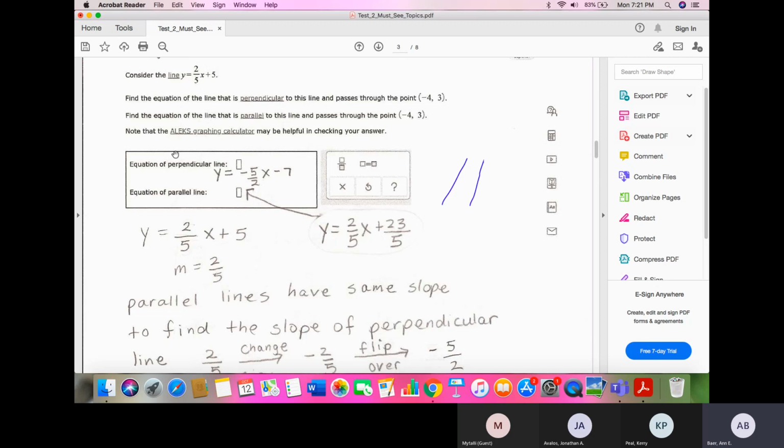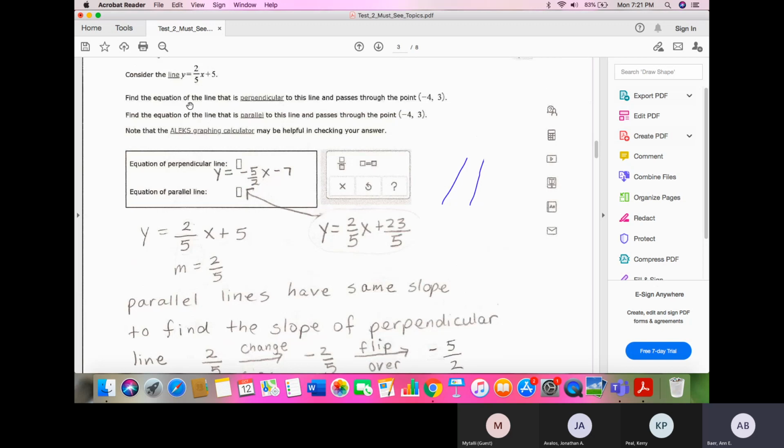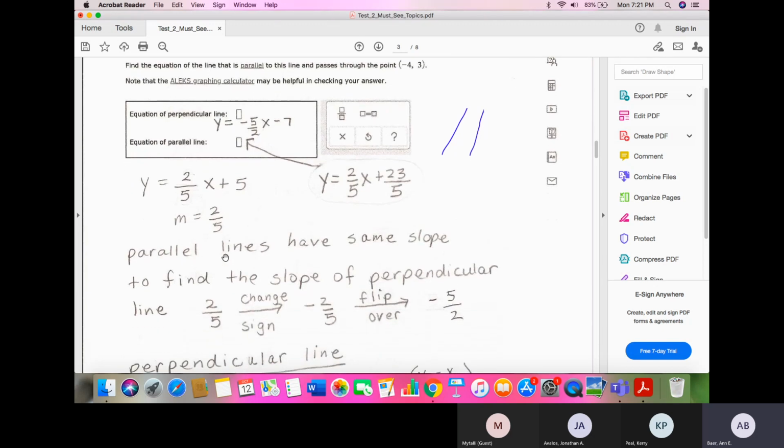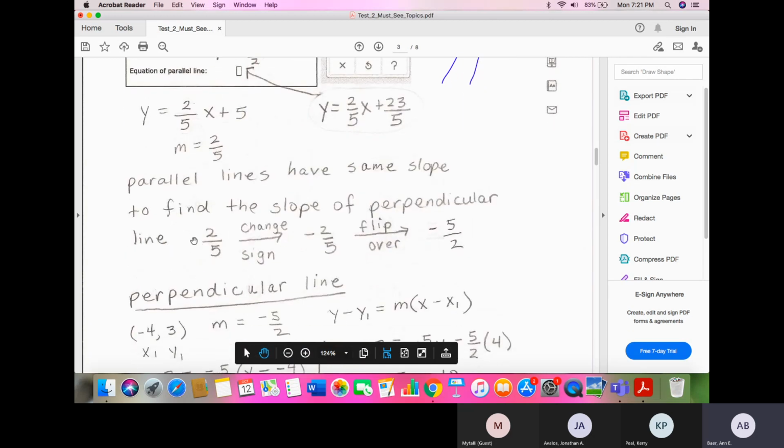The way we find the slope of a perpendicular line is a two-step process. We take the slope of the given line, which is 2/5, and we change the sign on that. So this is a positive 2/5. Change the sign on that to get a negative 2/5.